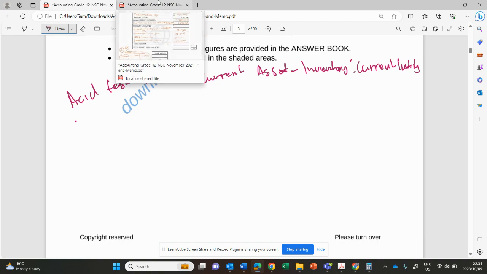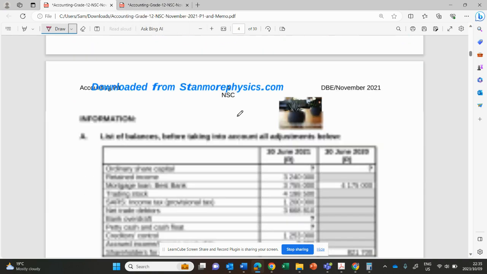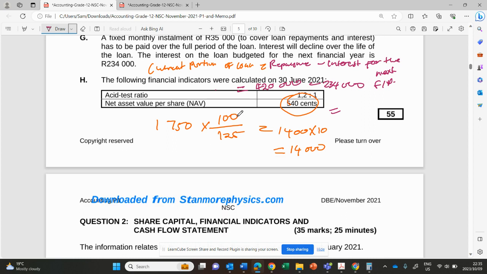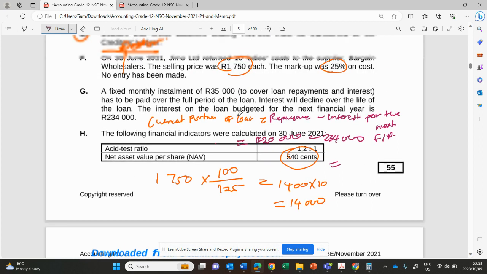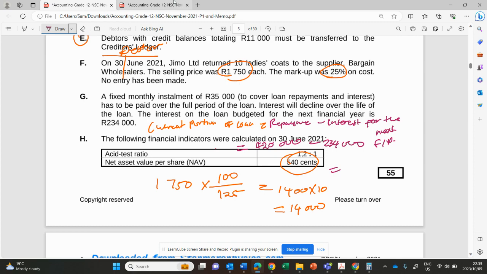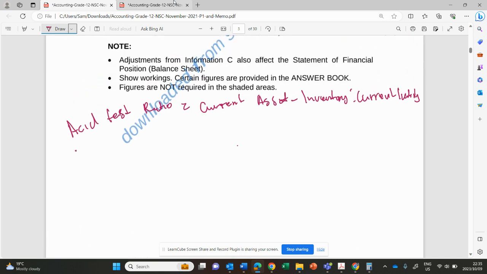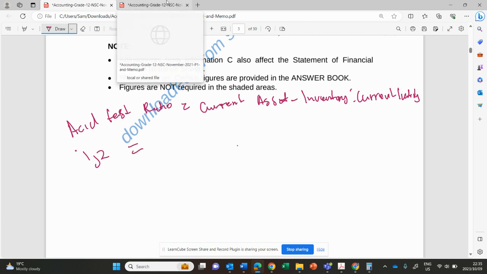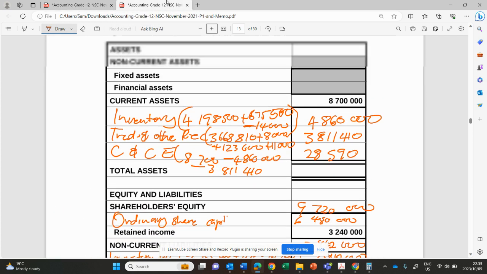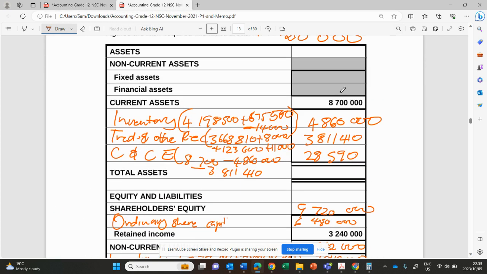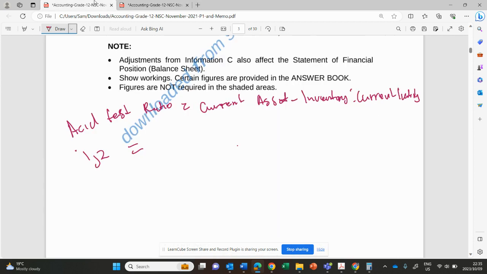So let's substitute. The acid test ratio is given as 1.2. Then here you say 1.2 is equal to current assets. Where's the current asset? It's given there: 8,700,000. Then minus inventory.